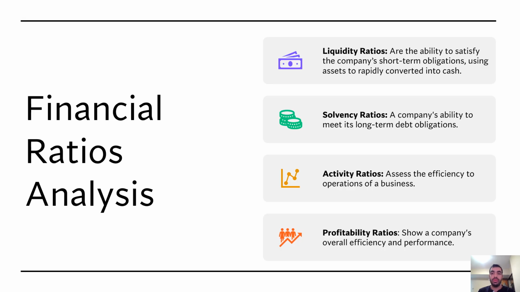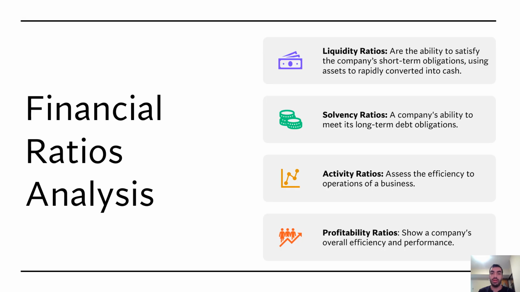Before diving into the financial statements of CVS, I'm going to describe four types of financial ratios. The first is liquidity ratios, the ability to satisfy the company's short-term obligations using assets that can be most quickly converted into cash. The second one is solvency ratios, also called debt ratios.